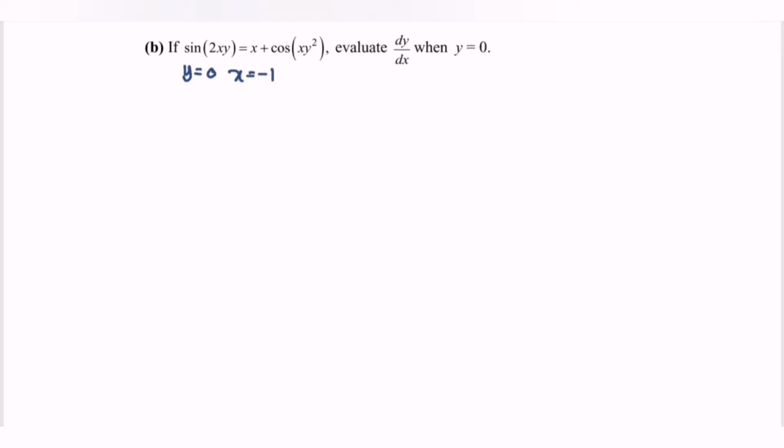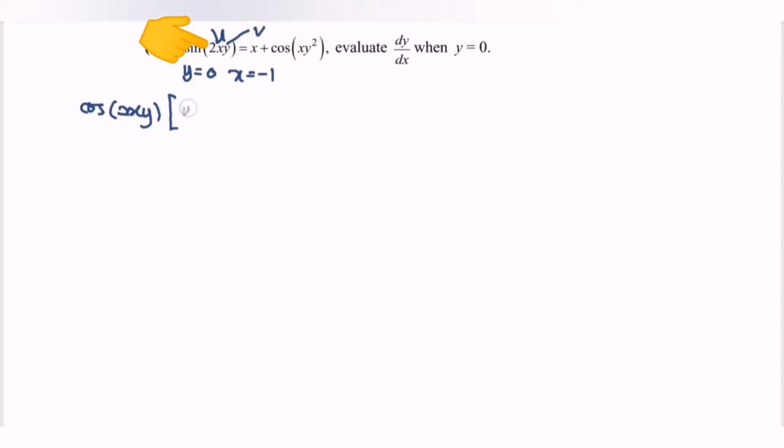So now let us start our discussion, which is finding the first derivative. If we differentiate sine bracket 2xy, we will have cos bracket 2xy. Next, we are going to differentiate the internal function, which is 2xy. So 2x will become u and y will become v.